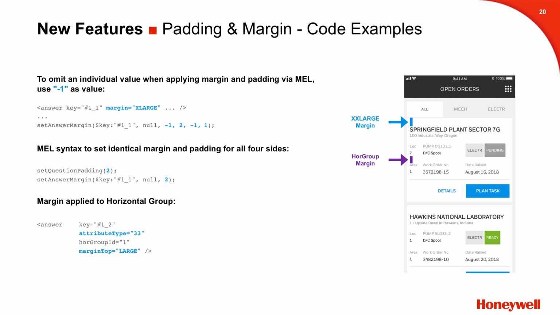So it will omit, I hope I'm correct in thinking that -1 is top, and then 2 would be right, -1 again would be bottom, and 1 would be left. So the answer margin for top and bottom would just be left as it was before, and only right and left would be set to 2 and 1.